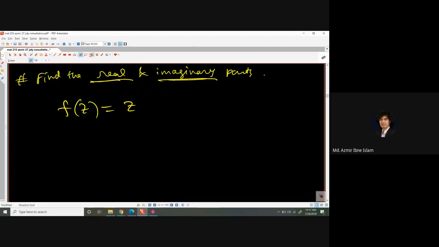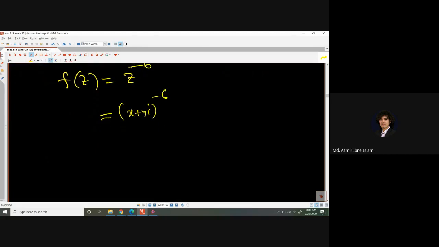Let's say we have z to the power -6. If we use rectangular form, (x plus yi) to the power -6, we are just familiar with (a plus b) squared, (a plus b) cubed. We also know (a plus b) to the power 4 by using the binomial theorem.